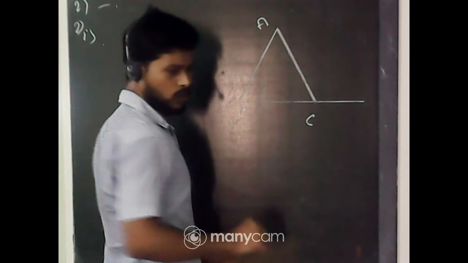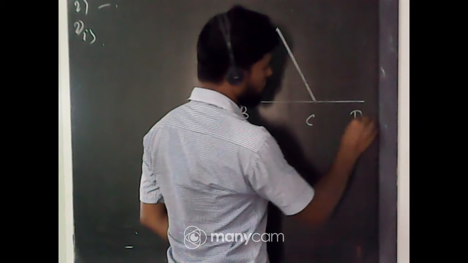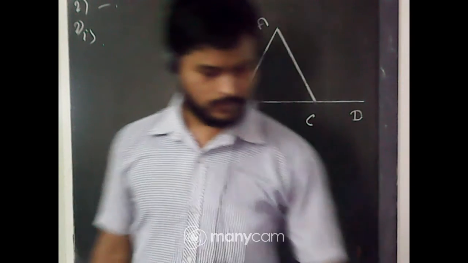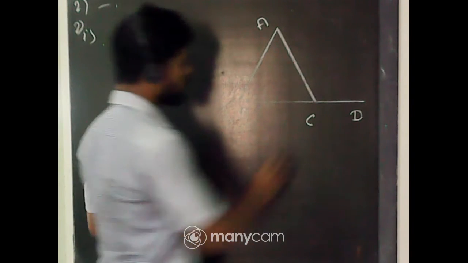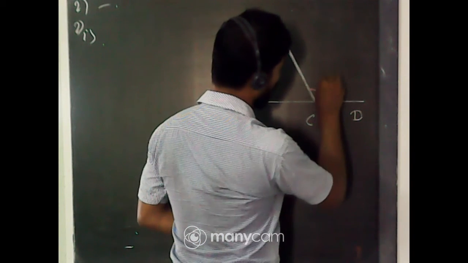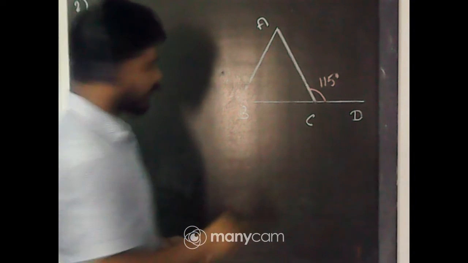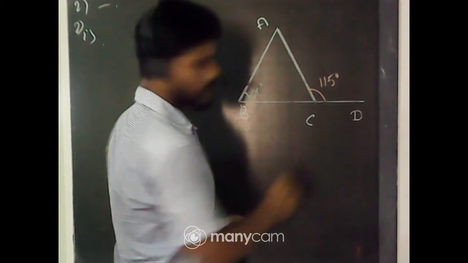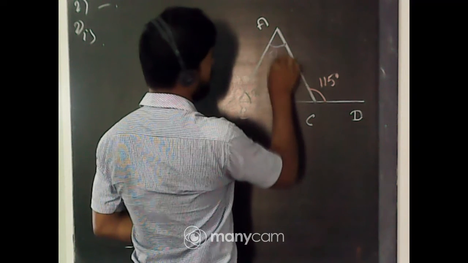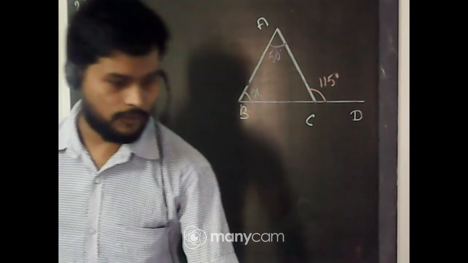ABC is the triangle whose side BC is produced to the point D. The exterior angle thus formed is equal to 115 degrees, and the two interior angles are given: this angle is x degrees and this angle is 50 degrees. We have to find the value of x.